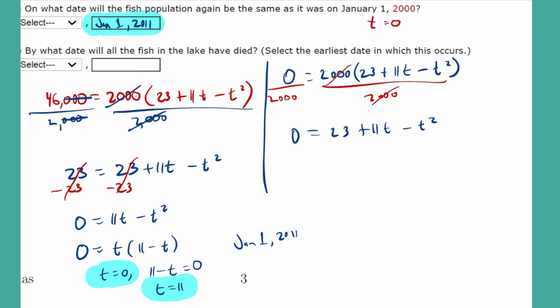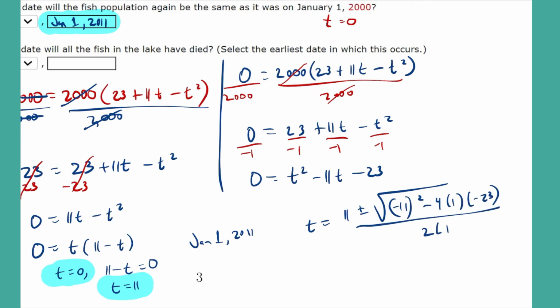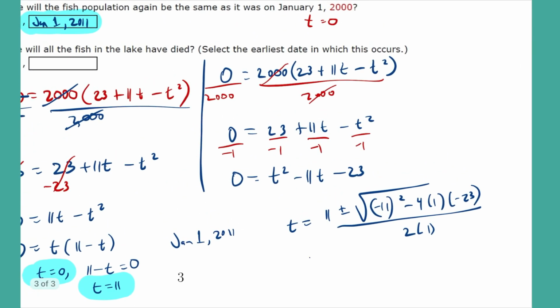I'm going to divide out a -1 because I always like to deal with equations that have a positive quadratic. So if I divide out a -1, you're allowed to do that. That's going to be 0 equals positive t squared minus 11t minus 23. Now we can do the quadratic formula: negative b plus or minus the square root of b squared minus 4ac, all over 2a.